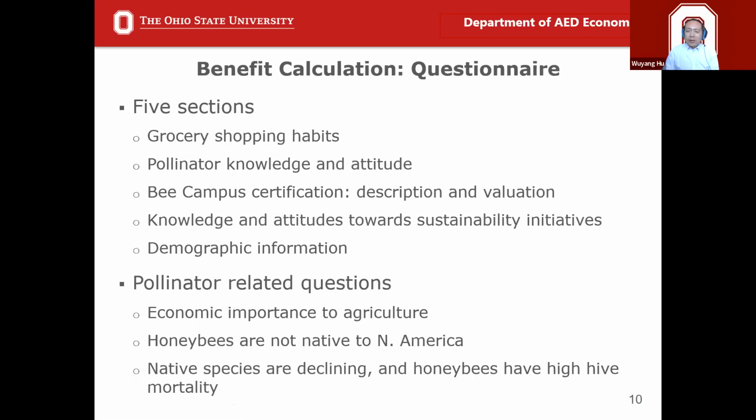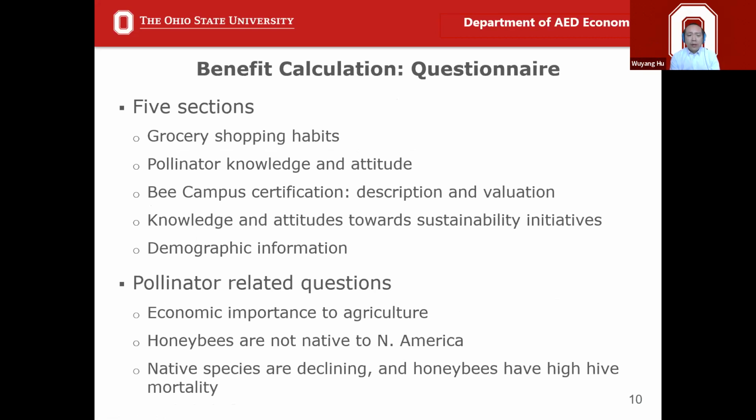So benefit, we did a survey. Here's our questionnaire. We have 5 sections. We ease people in by asking a grocery shopping habit kind of a question. They answer a couple questions about how much you shop and how much money you spend on grocery, things like that. And the second section, we ask pollinator knowledge and attitude. For example, do you know that honeybees are not native to the North America?